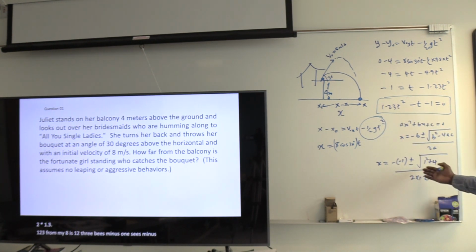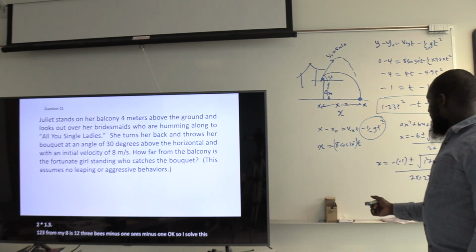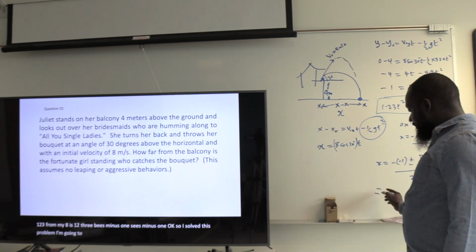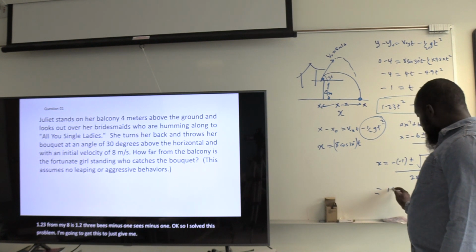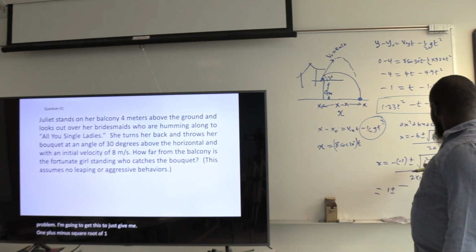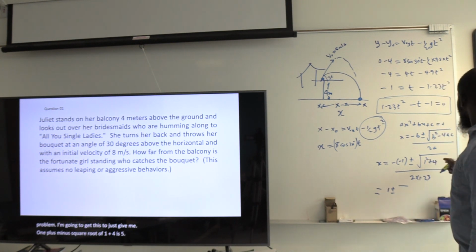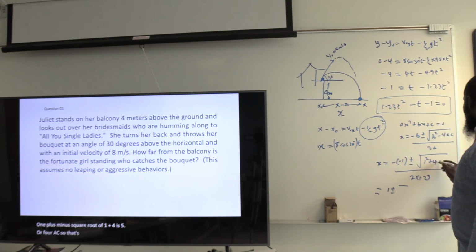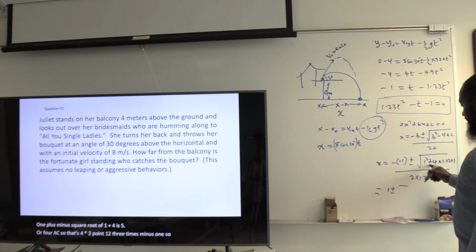Okay, so I solved this problem. I'm going to get 1 plus or minus square root of 1 plus 4, that's 5. Or 4ac, so that's 4 times 1.23 times minus 1, so that brings in plus 1.